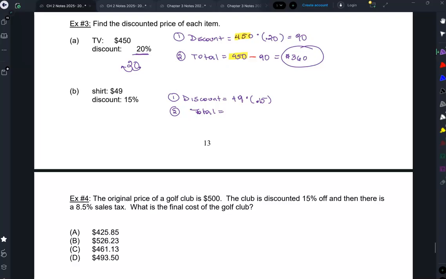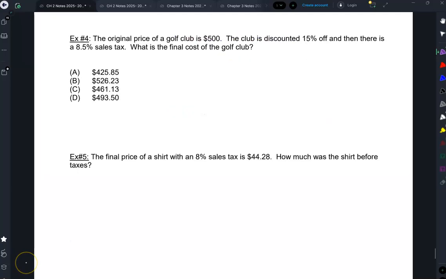Sammy, did you plug it in? $7.35. So now I get the original amount. Now am I going to do plus or minus? Subtract 7.35. So that will be 41.65.